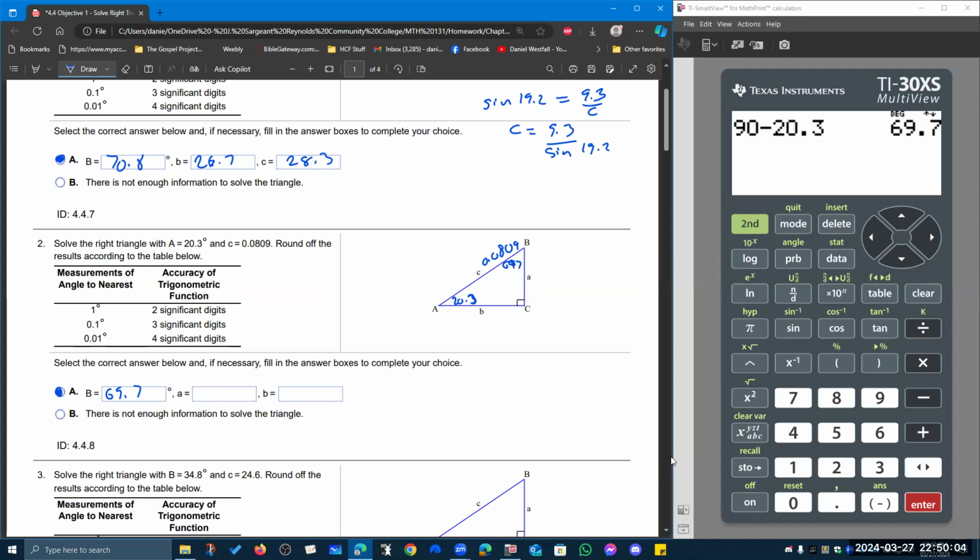And I'm going to use the sine of 20.3 and say that sine is opposite over hypotenuse, and hypotenuse was 0.0809. So A is equal to 0.0809 times the sine of 20.3.